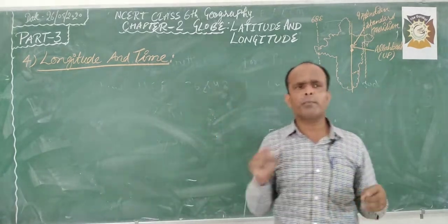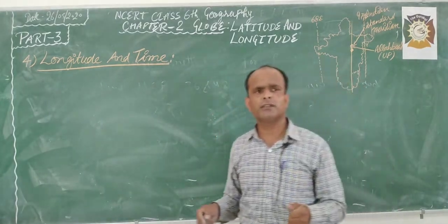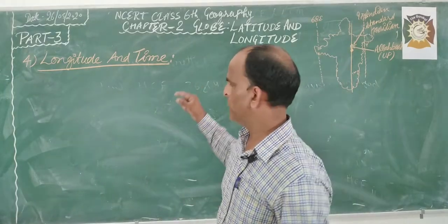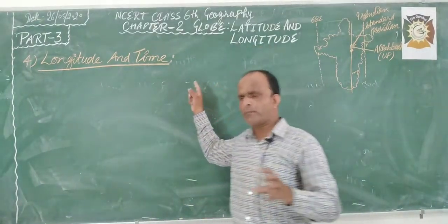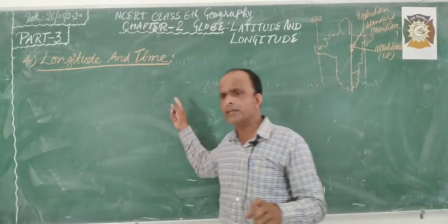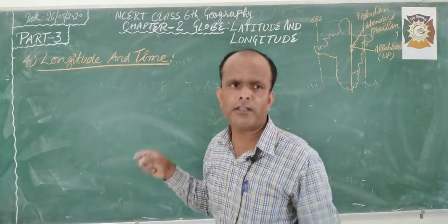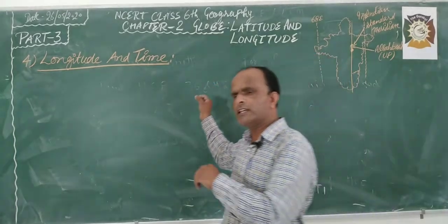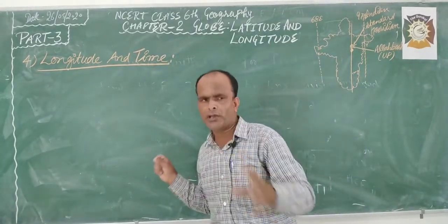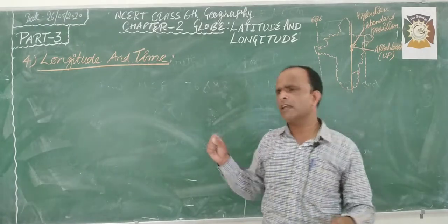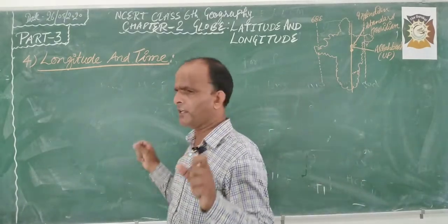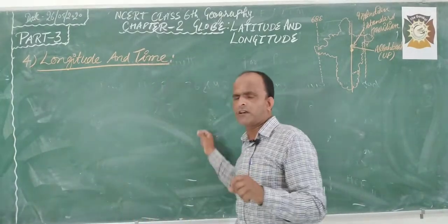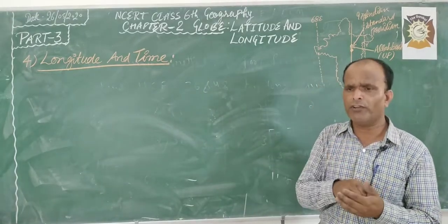So when the sun is at the highest point in the sky at the prime meridian at Greenwich, it is noon.